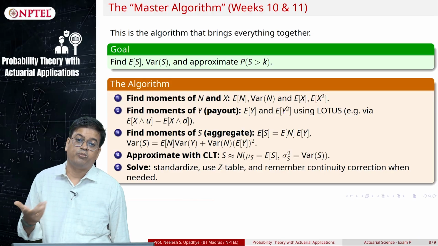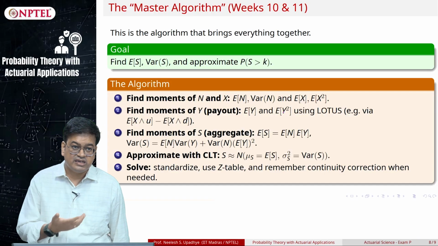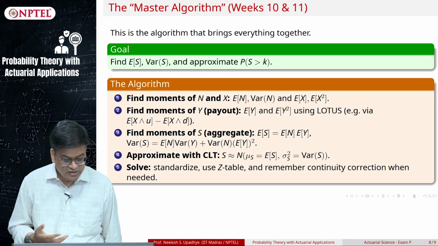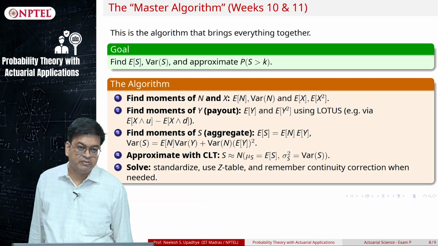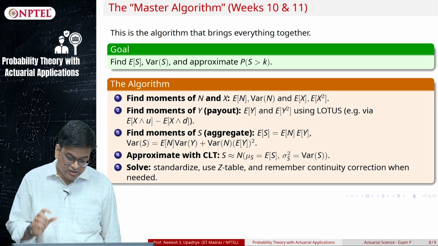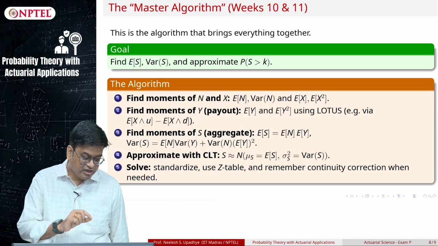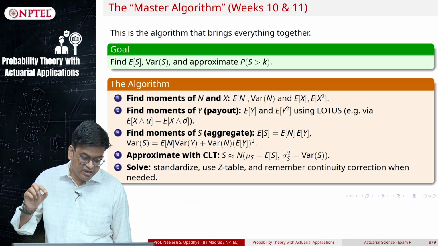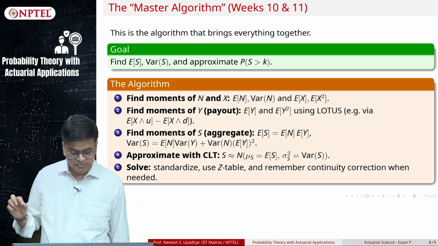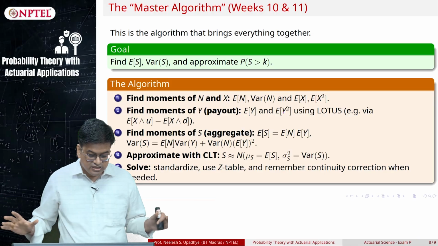Depending on what policy we are applying. So here is an example of a layer policy where I have a deductible and the upper limit together. So we can figure out how to compute expected value of minimum of X and U minus expected value of minimum of X and D, okay. So that we have seen in detail.